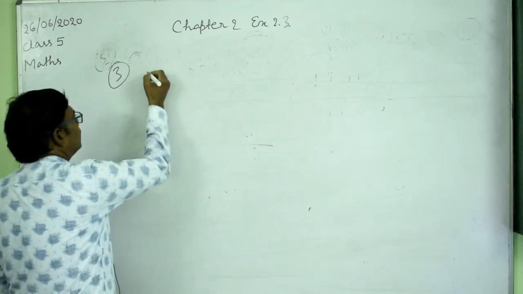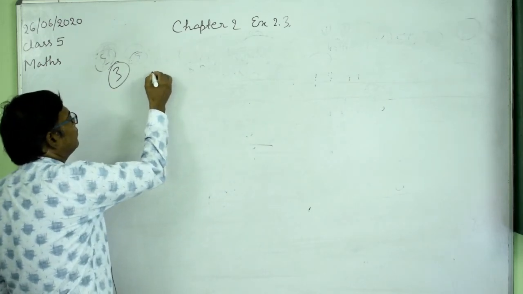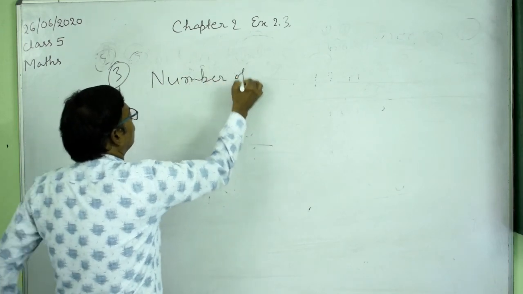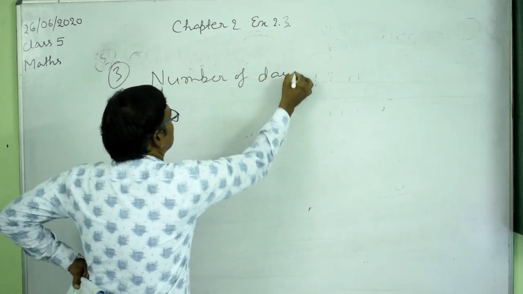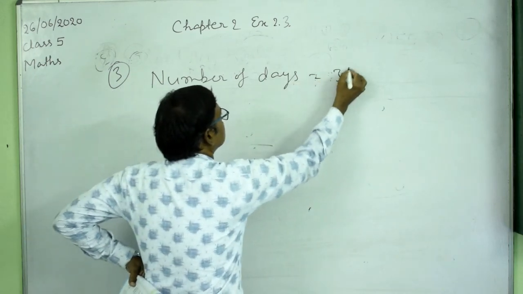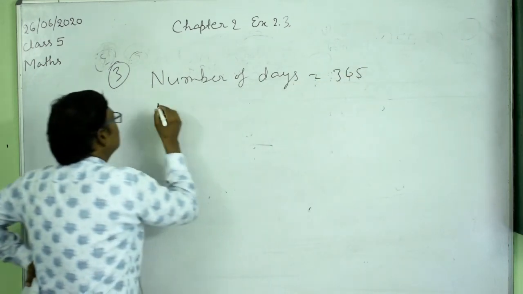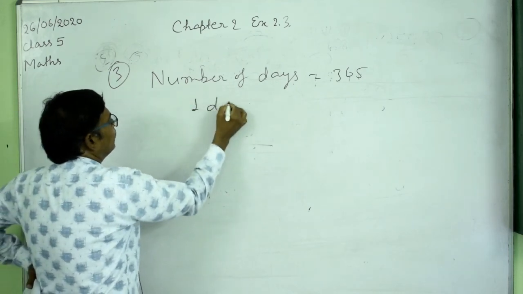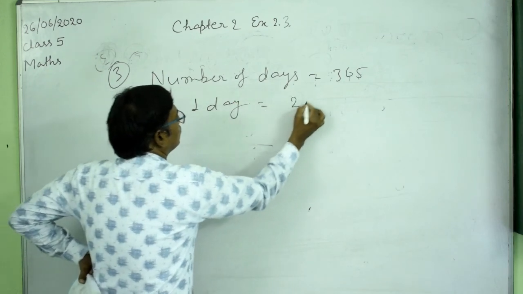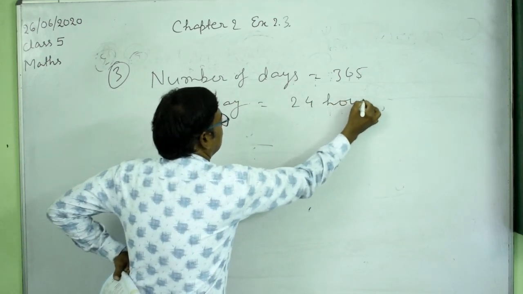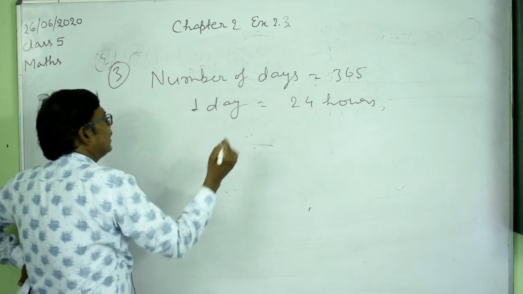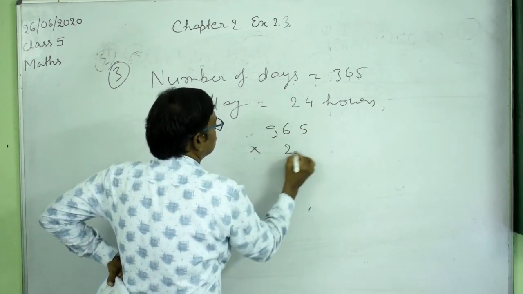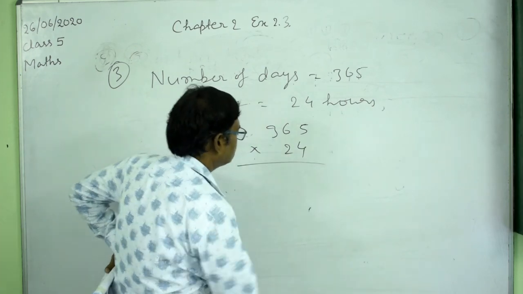So first find the number of days in a year. You know 365 days are there, and you know that one day is equal to 24 hours. Then multiply 365 by 24, so you will get the total number of hours in 1 year.